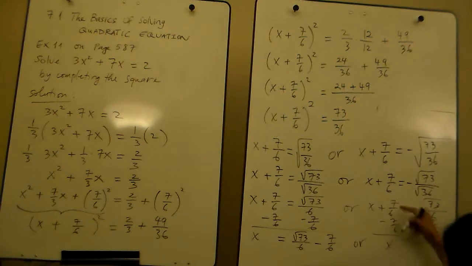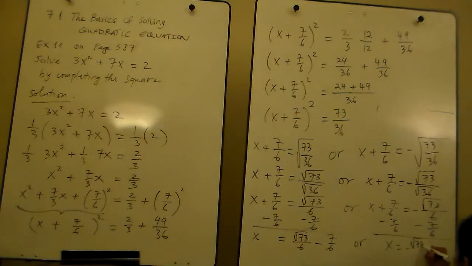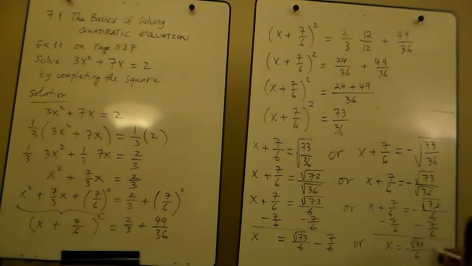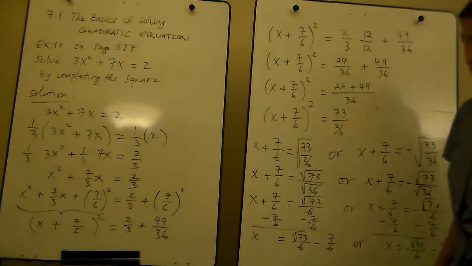So x, this is 0, equal to negative square root of 73 over 6, subtract 7 over 6. So you have two solutions, x equal to square root of 73 divided by 6, subtract 7 over 6, or x equal to negative square root of 73 over 6 minus 7 over 6. They are solutions to this equation.